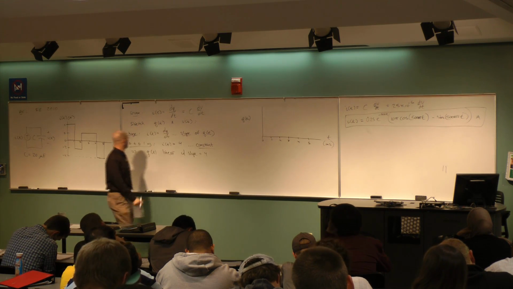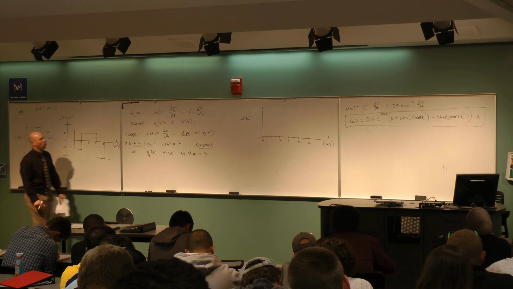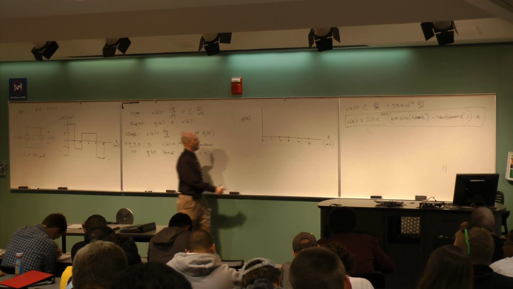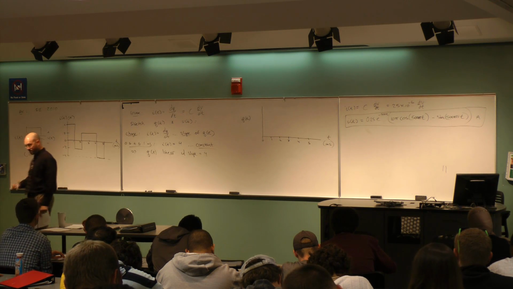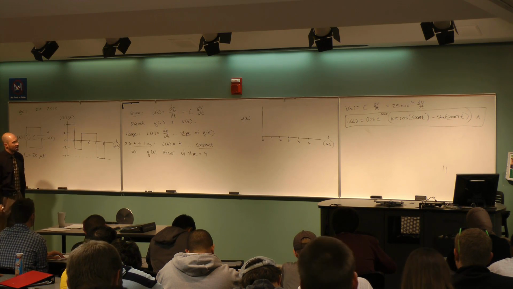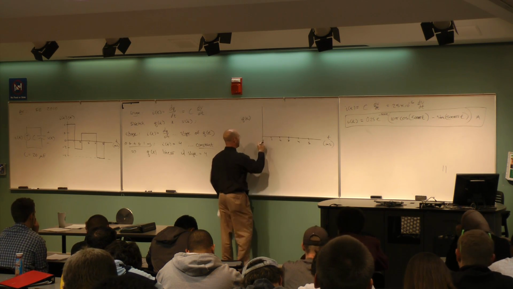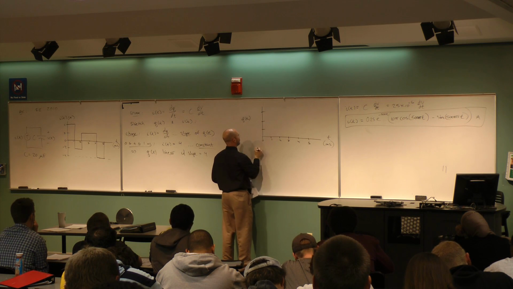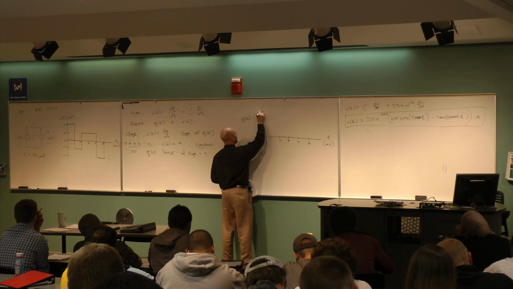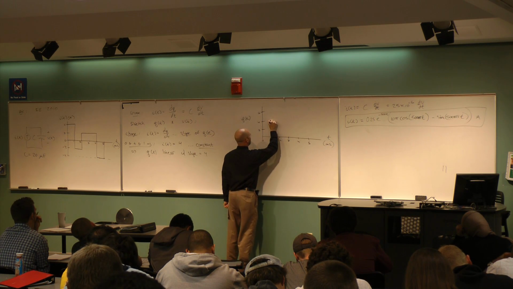For 1 millisecond, I'm linear with a slope of 4. Where's this going to end up after 1 millisecond? With a slope of 4, I go over 1, I go up 4. Tick marks, we'll go by 2: 2, 4, 6. So I'm going to end up over here at 4.